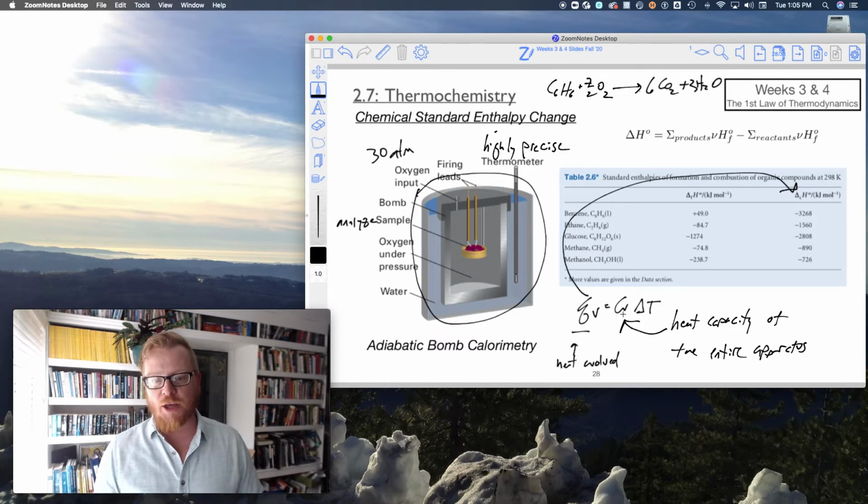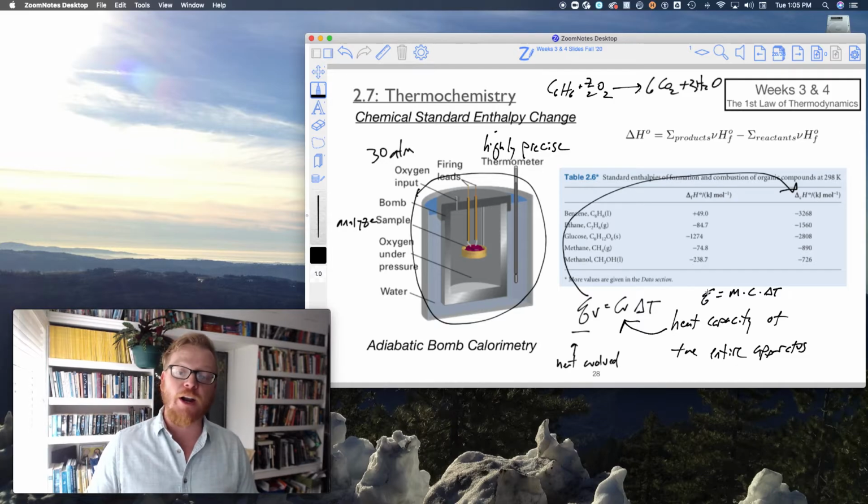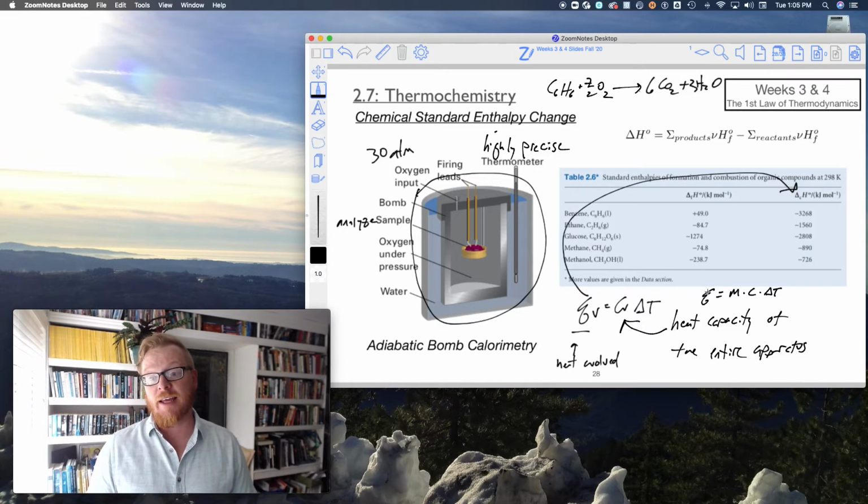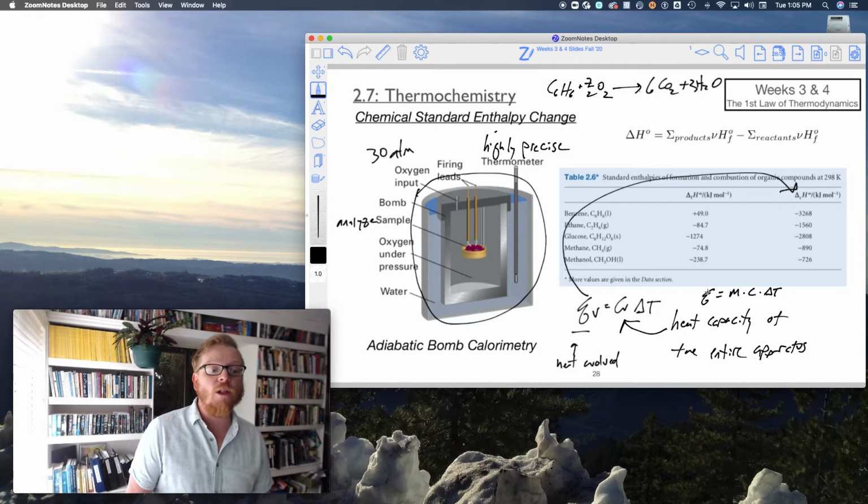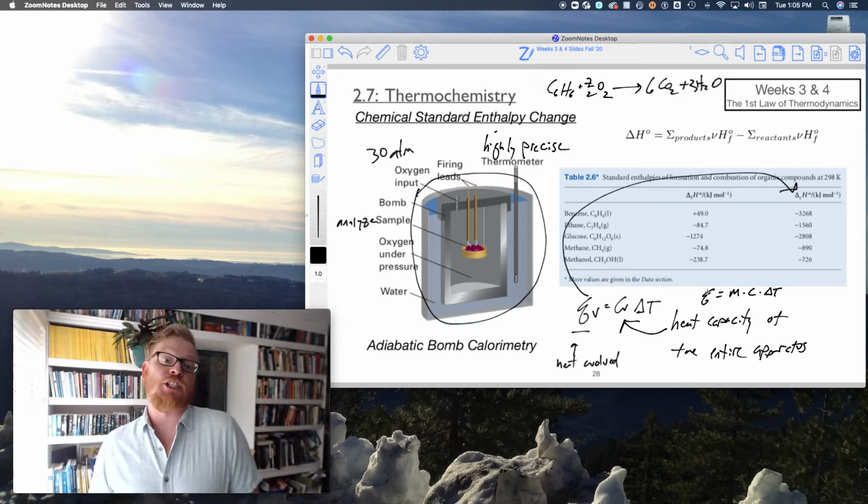Then once you know the heat capacity of the entire apparatus, typically using the form Q equals M times C times delta T, and the mass and so forth, we know that these equations are just connected by the molar mass of whatever you're dealing with. Then for an unknown material, that allows you to determine its enthalpy of combustion, or in the case of a fuel, we could call that its energy content.